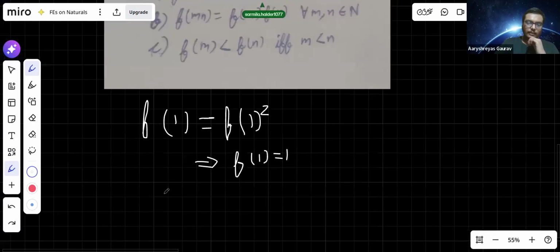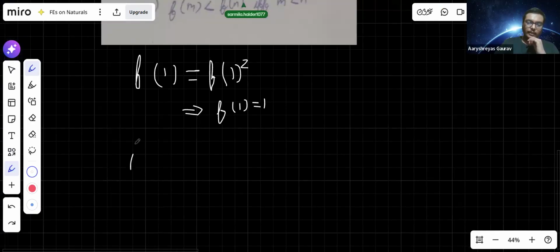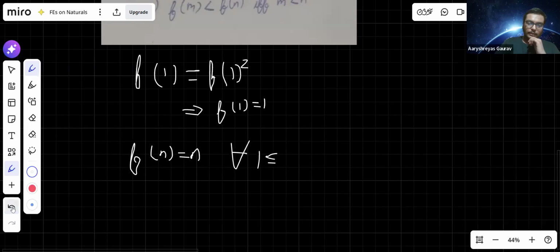So let's assume we know that f of n is equal to n, and it is true for all n less than or equal to some number k. We know that.